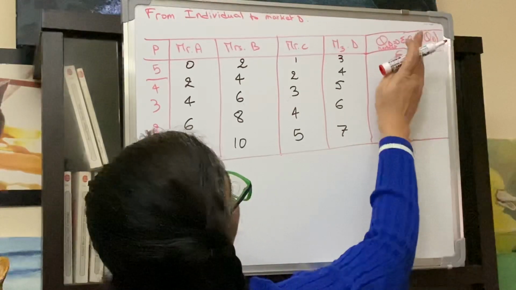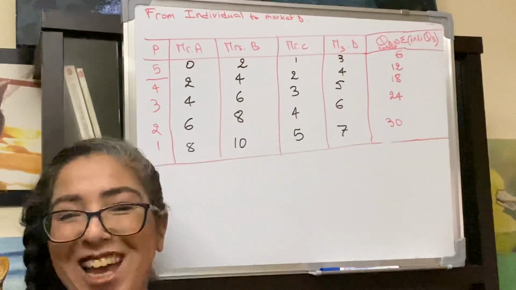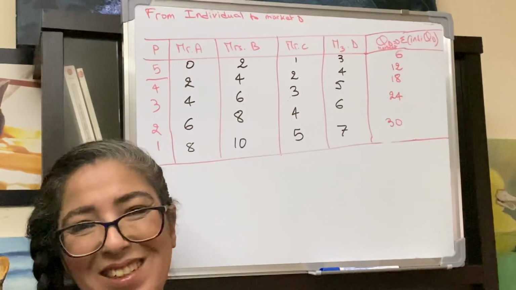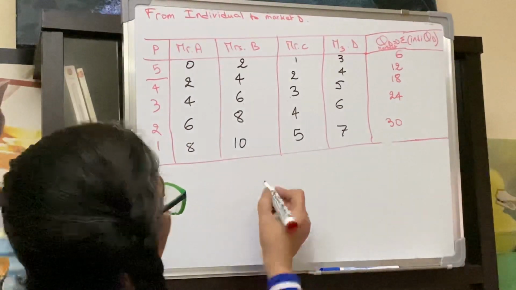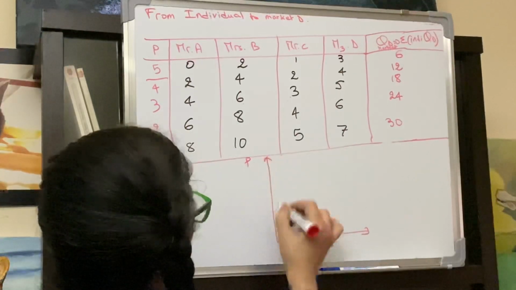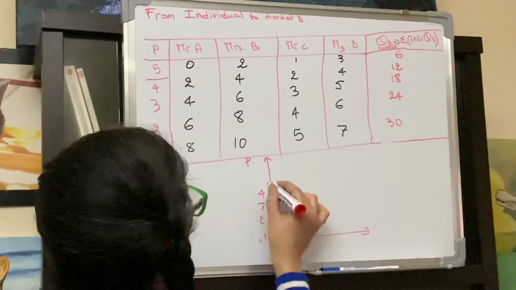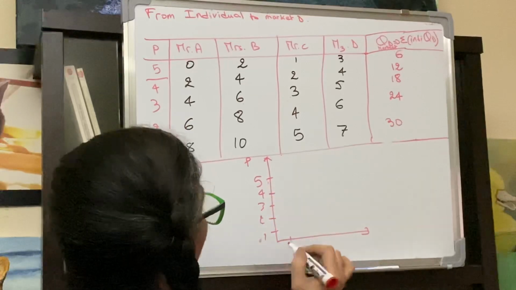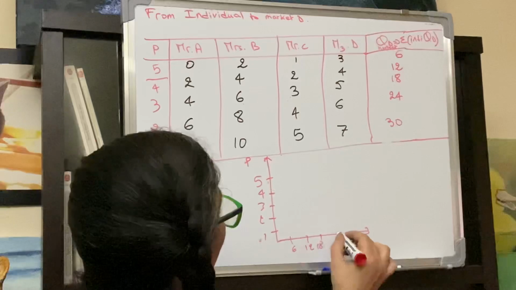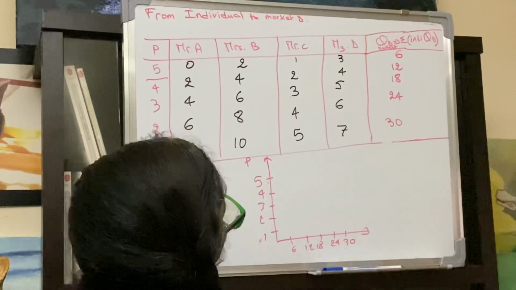So here are my quantities demanded at each price for the whole market. So at each price, I summed up the quantities. Okay, now if I want to plot the market demand, I simply take the prices, 1, 2, 3, 4, and 5, and then the quantities, I'm going to go 6, 12, 18, 24, 30, is it 30?